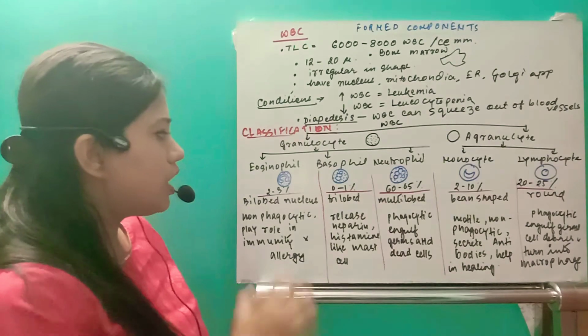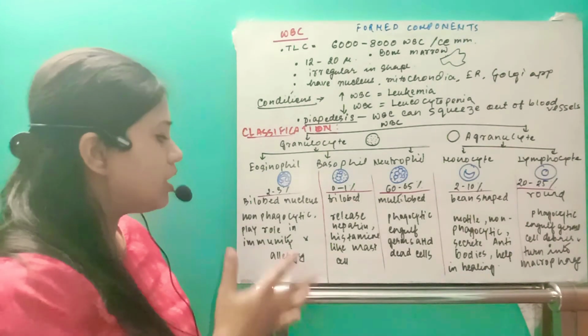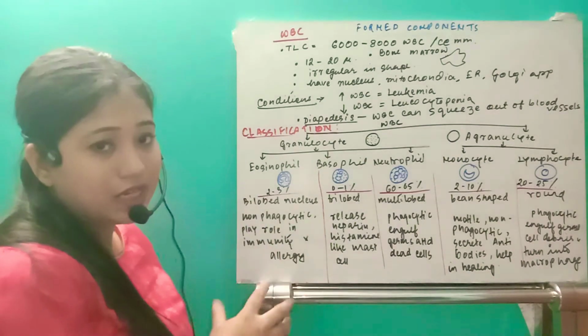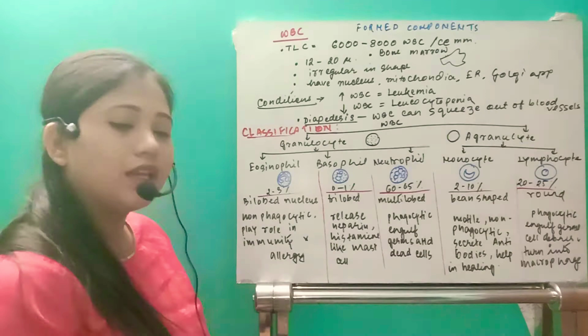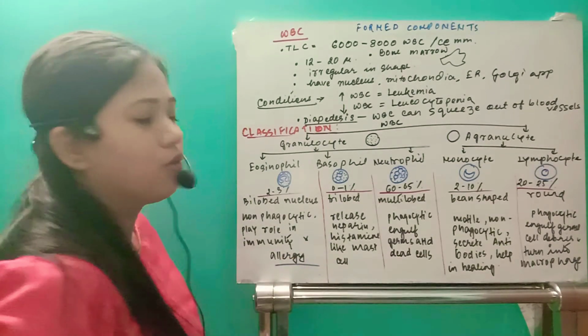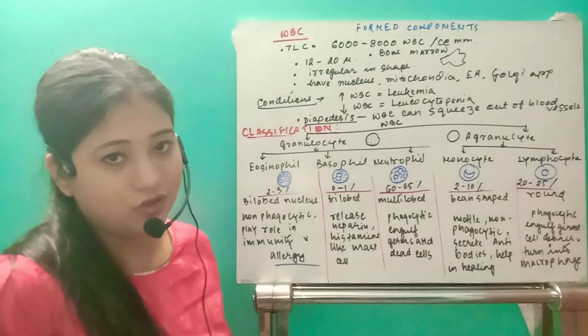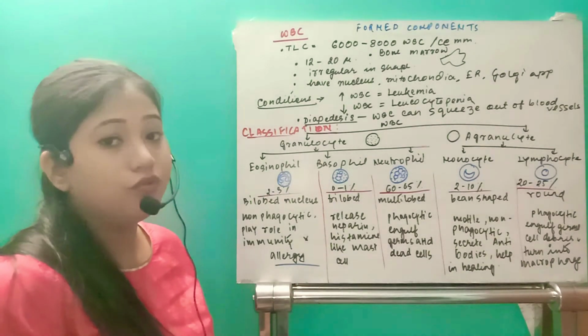So eosinophil will not engulf the foreign particle. It is not phagocytic in nature. It is non-phagocytic. Next, it will help basically in allergy. Remember, whenever we have allergy, the eosinophil level will rise.